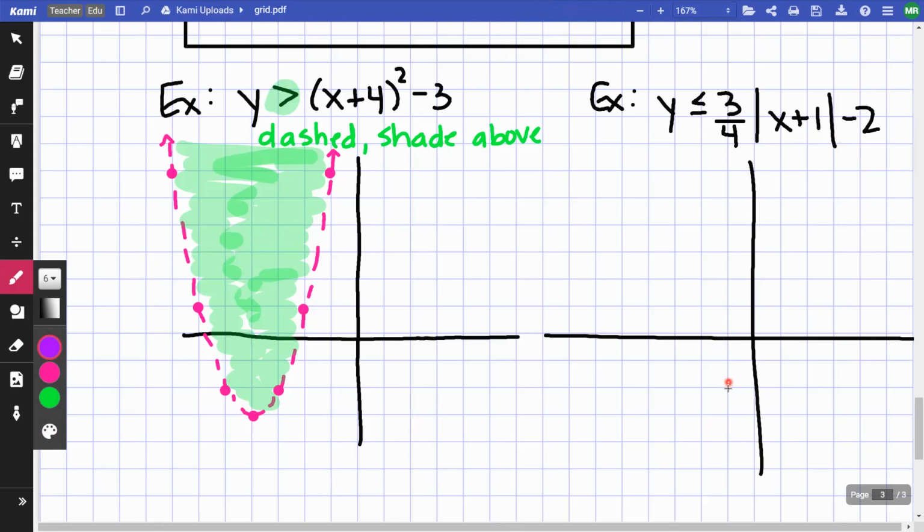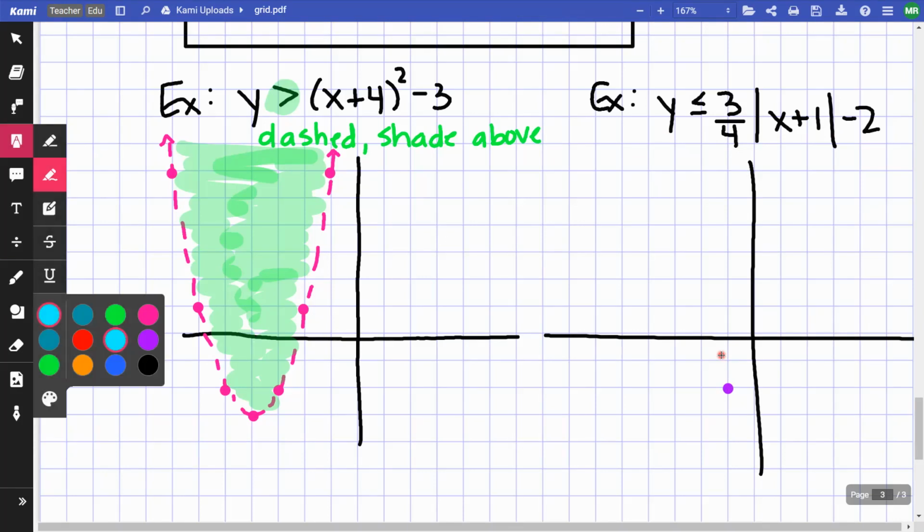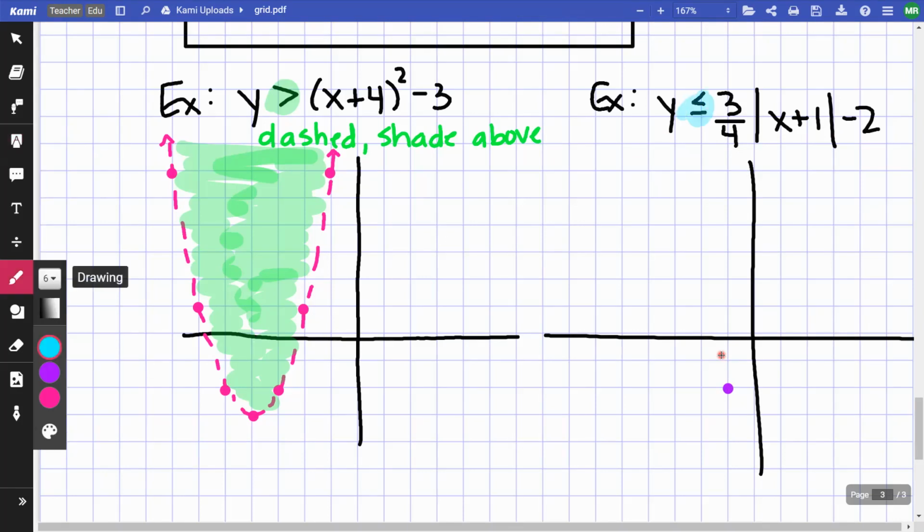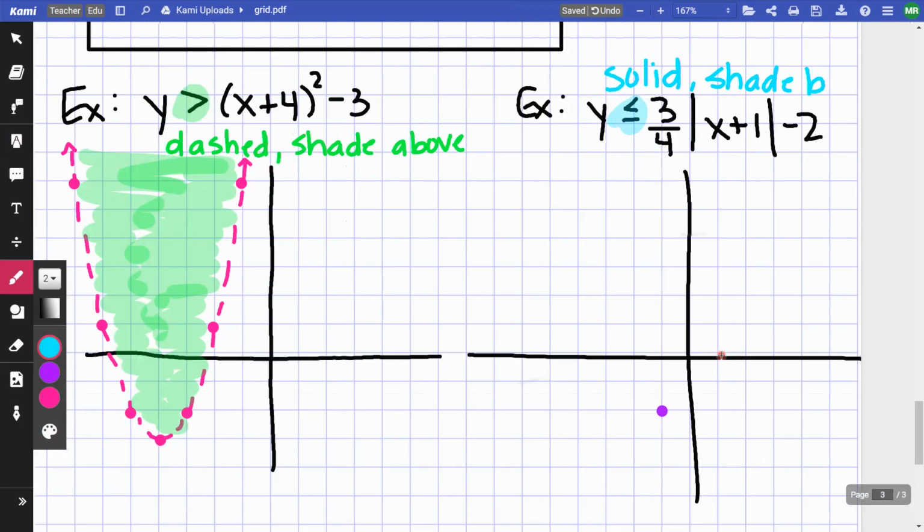So I'm going to go to -1, -2. Now, in this case, this is telling me that I'm going to be having a solid line, and less than or equal to, I'm going to shade below. That's what that's telling me.